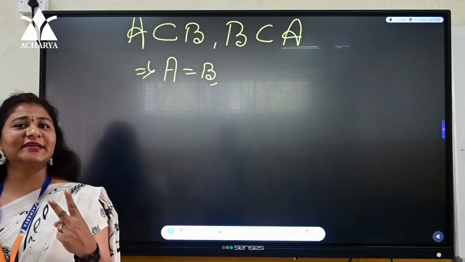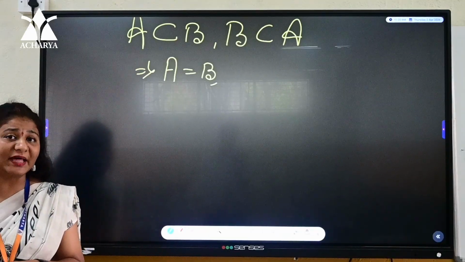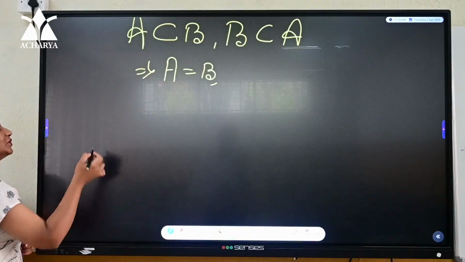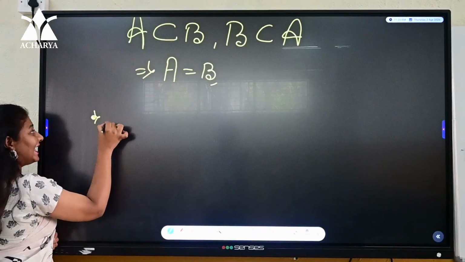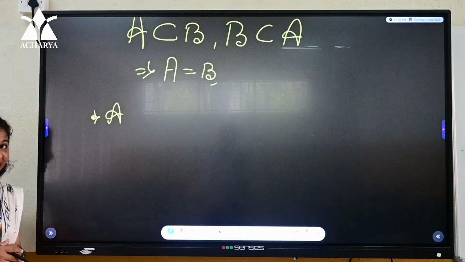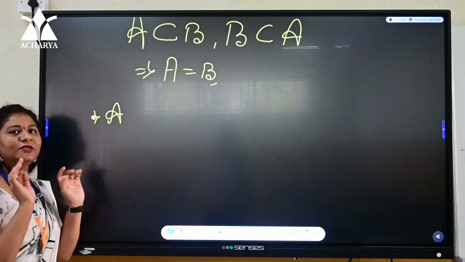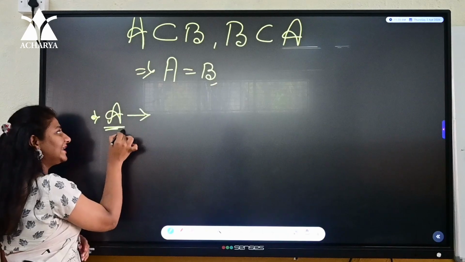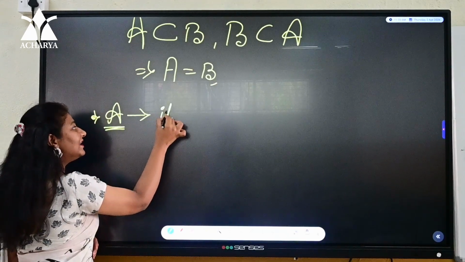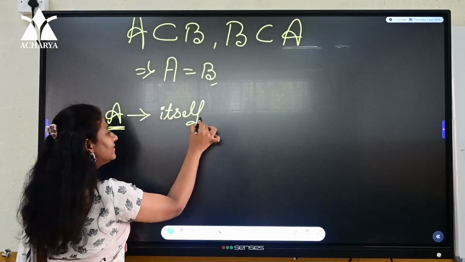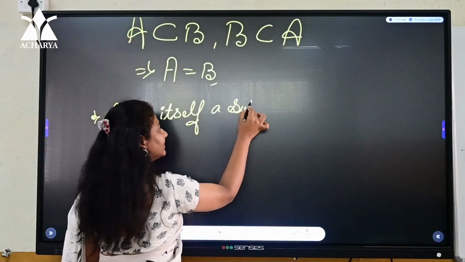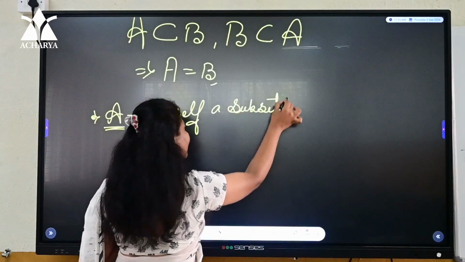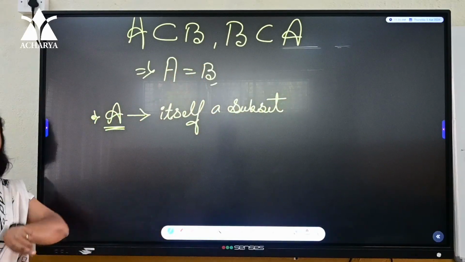There are two conditions when you are applying the subset. The first is that a set A is a subset of itself. Every given set is a subset of itself.